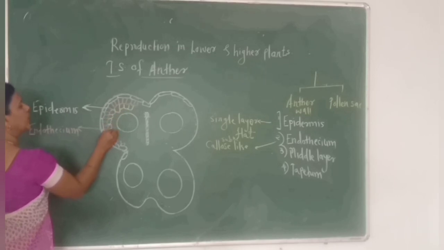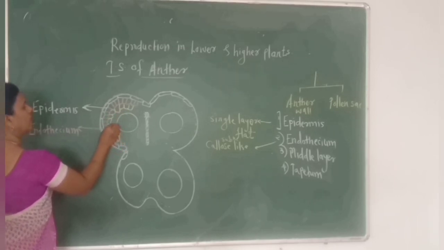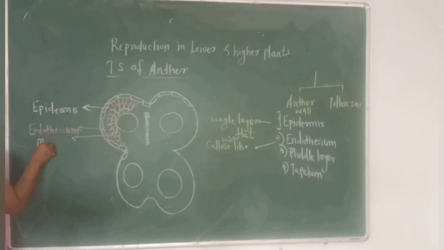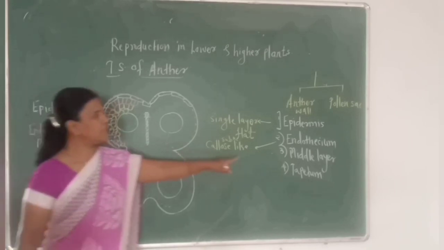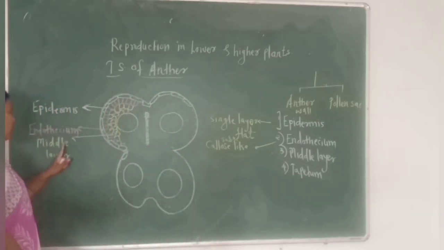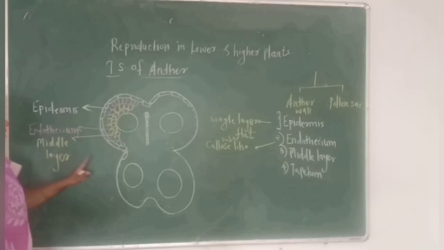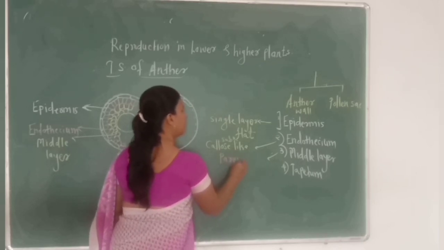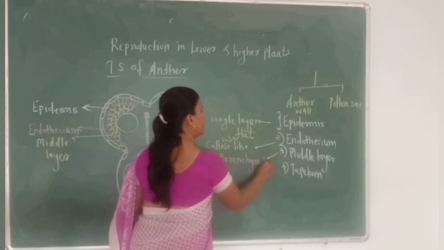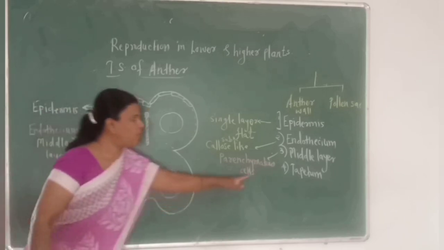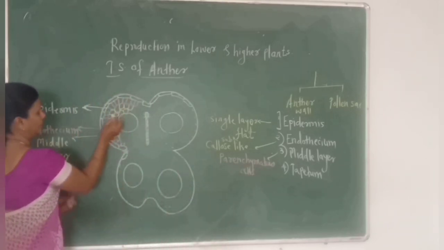It is 1 to 3 layers. The cells of the middle layer are parenchymatous in nature. And the innermost layer of anther is called the tapetum.